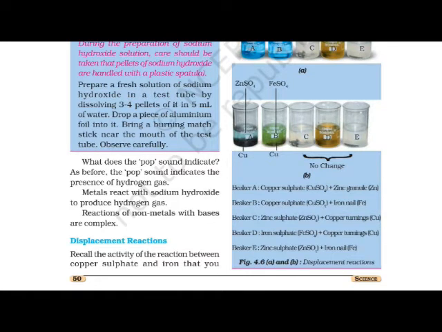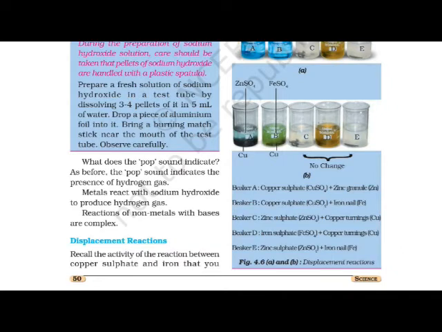If you observe carefully, the changes take place only in beakers A and B, and there is no change in beakers C, D and E. So we are going to talk about what reaction exactly took place in beakers A and B, and why there is no change in beakers C, D and E. Now let me see page number 51.